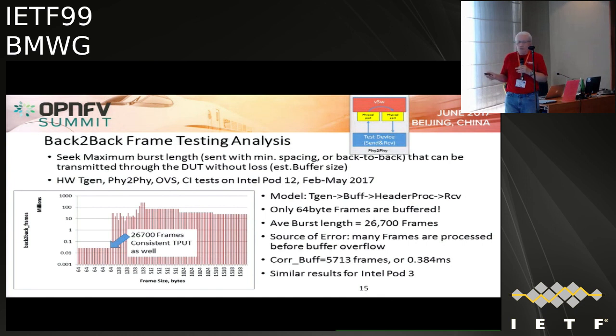So here's the interesting thing that happens. You've basically got this model of the traffic generator sending traffic into a buffer, and that's handled by a header processor, and then the burst goes out to the receiver. Now, if the header processing is able to keep up with the traffic generation for packet sizes with various sizes, then that means basically that you don't create a buffer.